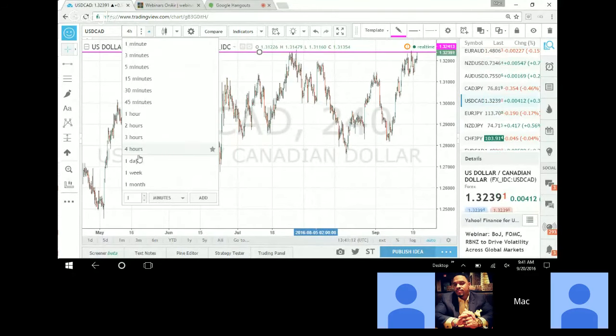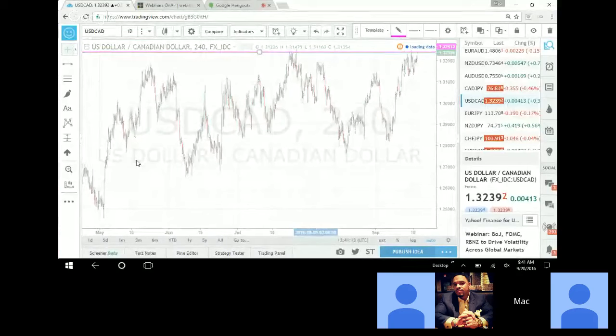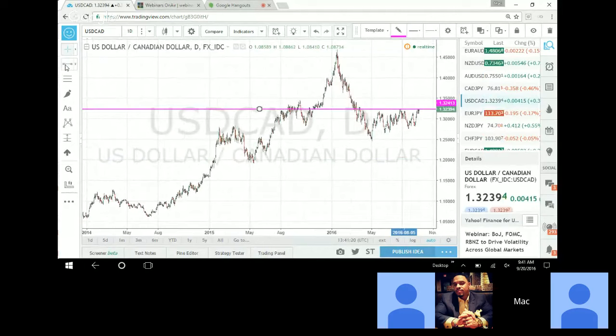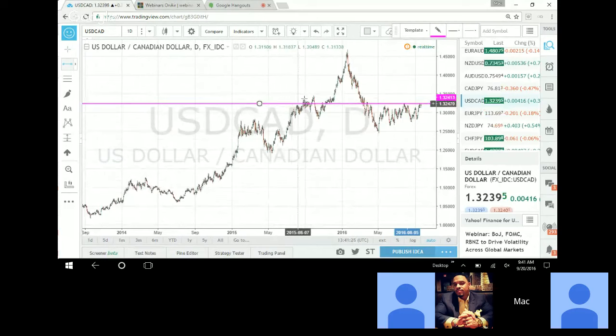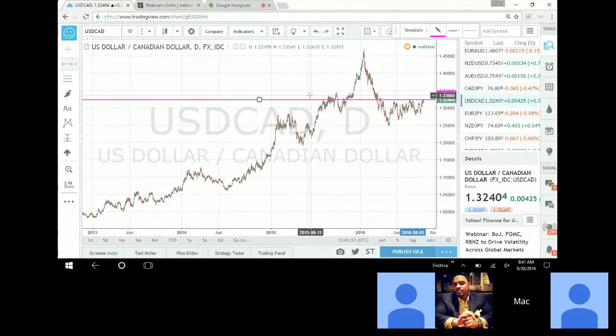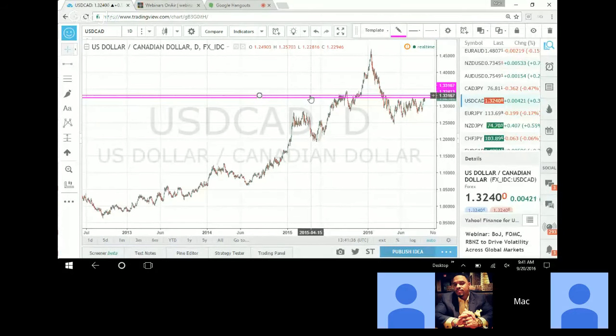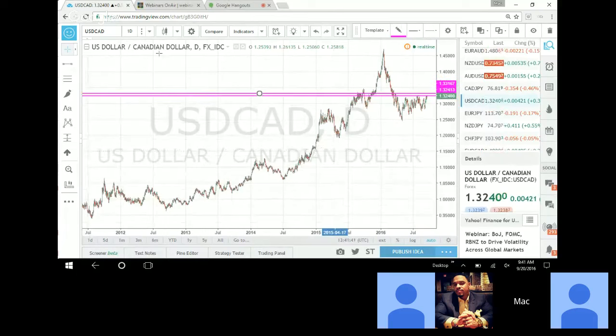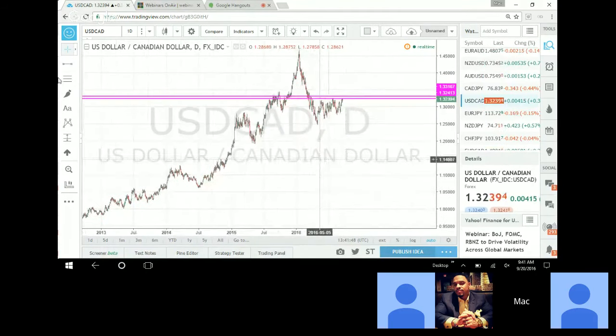Let's look at the daily chart. Notice a few resistance areas up here. The chart just keeps moving. There was one, there was another.